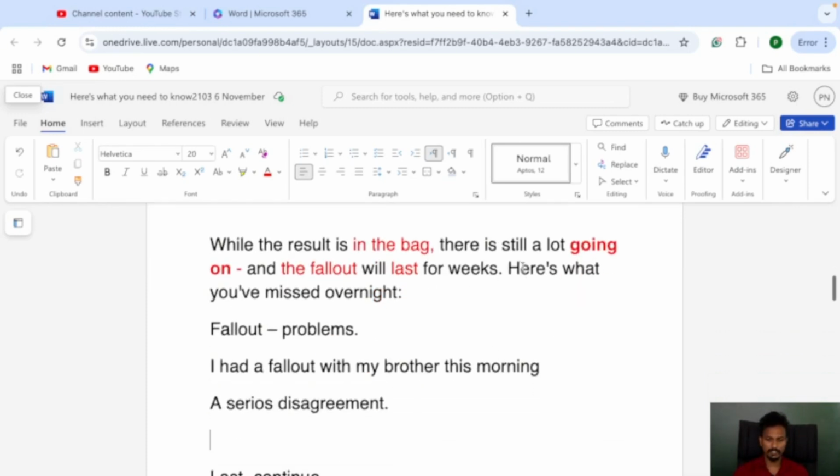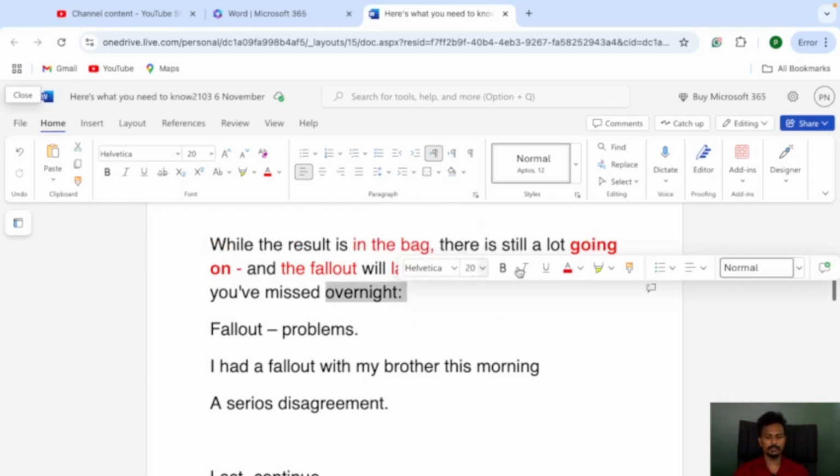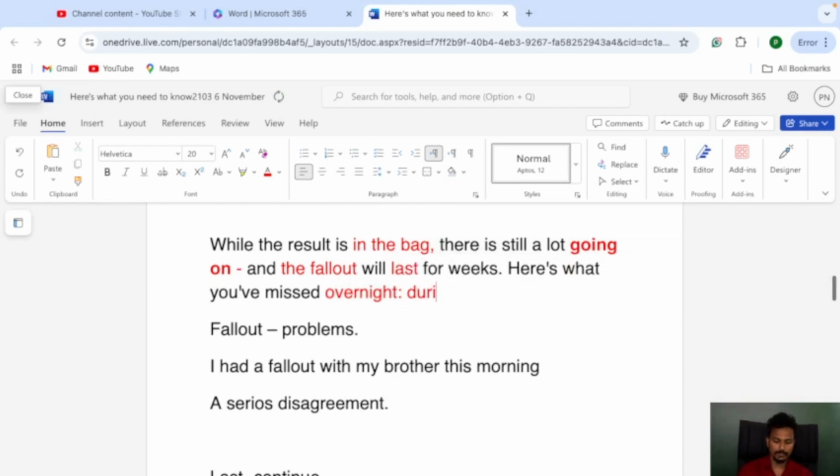Okay, here's what you learn next. This is overnight. What is overnight? Overnight means during the night, the period between evening and morning.